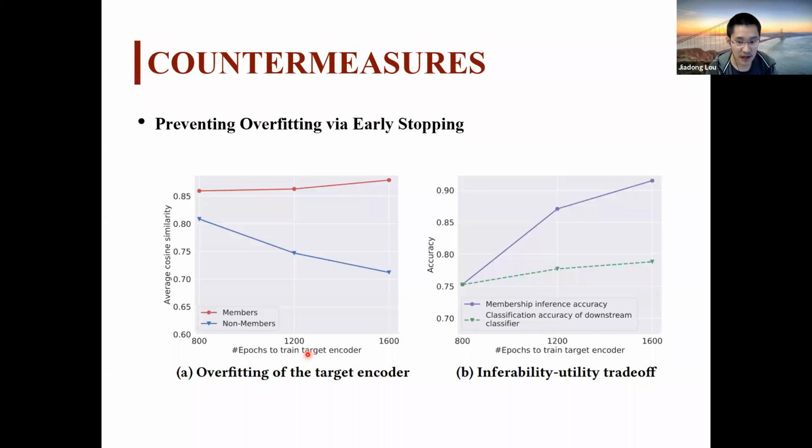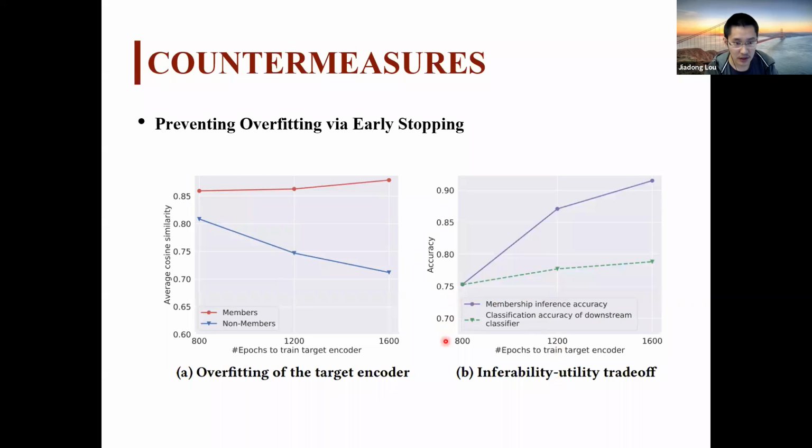In other words, the target encoder is more overfitted to the pre-training data set when they pre-train it with more epochs. And here figure B shows the membership inference accuracy of their proposed classifier and the classification accuracy of the original encoders.